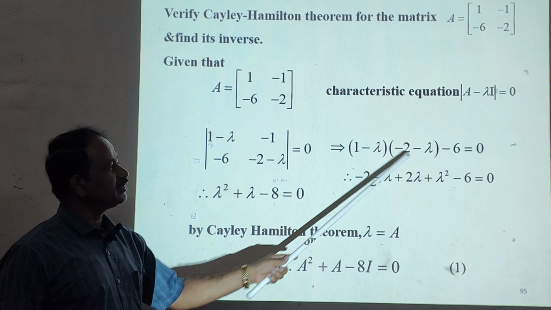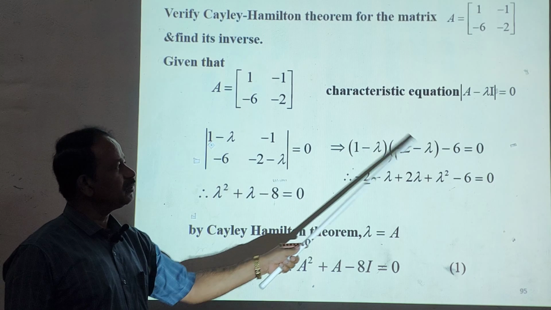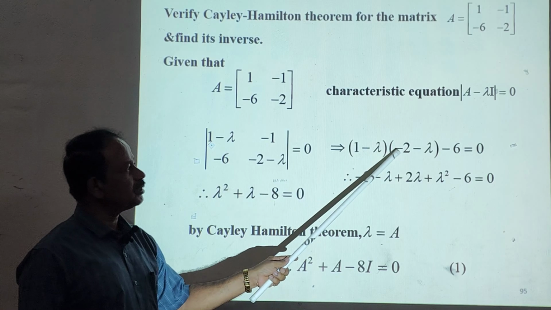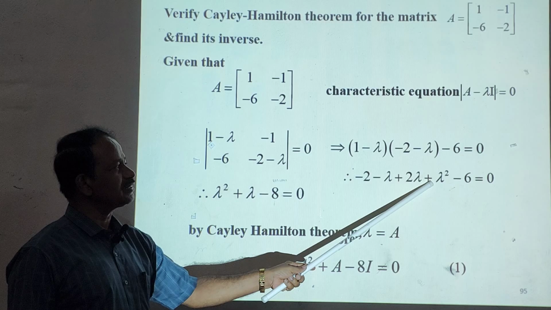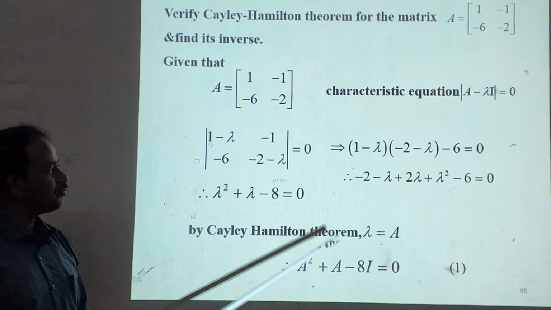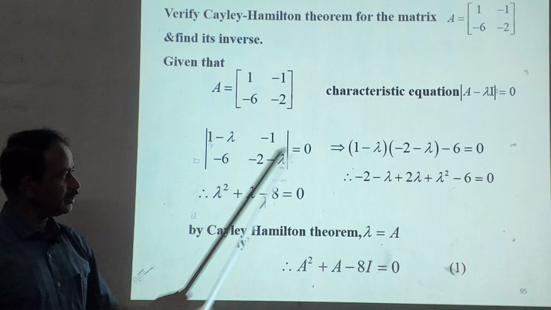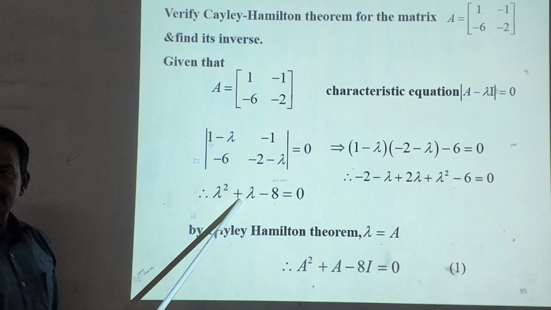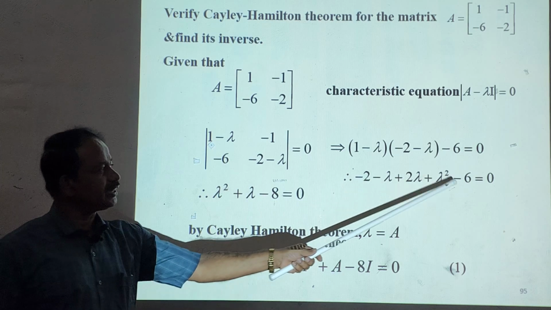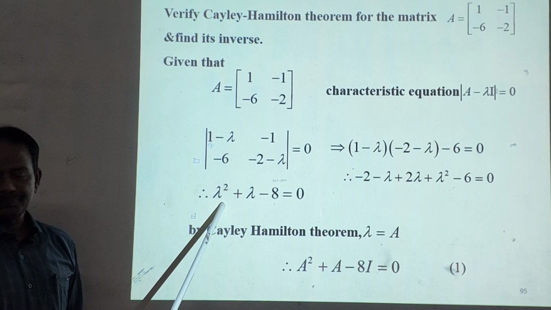On simplification, 1 multiplied by minus 2, 1 multiplied by minus lambda, and minus lambda multiplied by minus 2 gives plus 2 lambda, and minus lambda multiplied by minus lambda gives plus lambda squared, minus 6. So, you have lambda squared, then minus lambda plus 2 lambda will be plus lambda, minus 2 minus 6 will give you minus 8. So this is your characteristic equation.